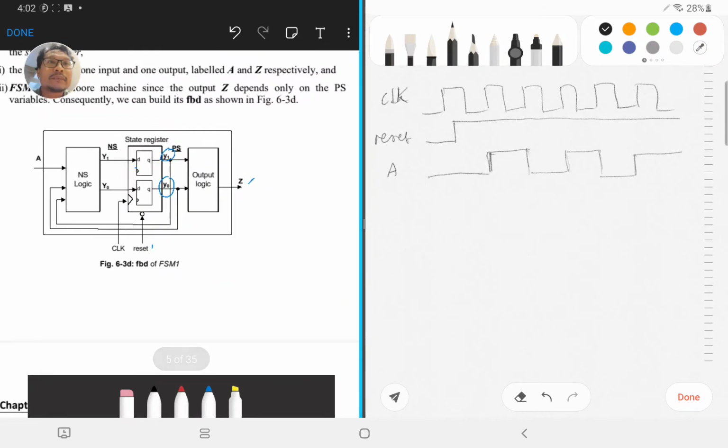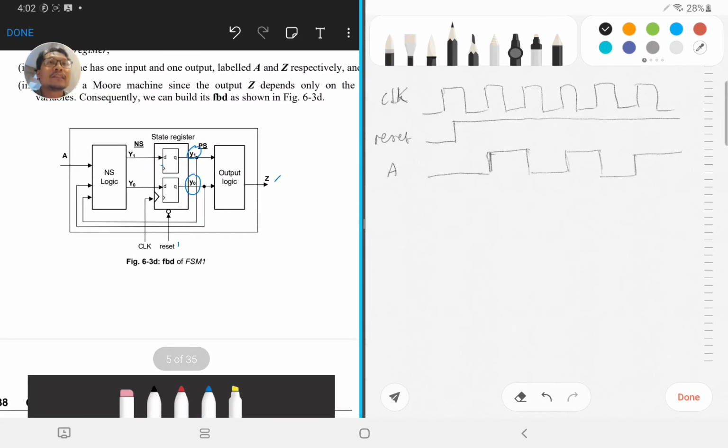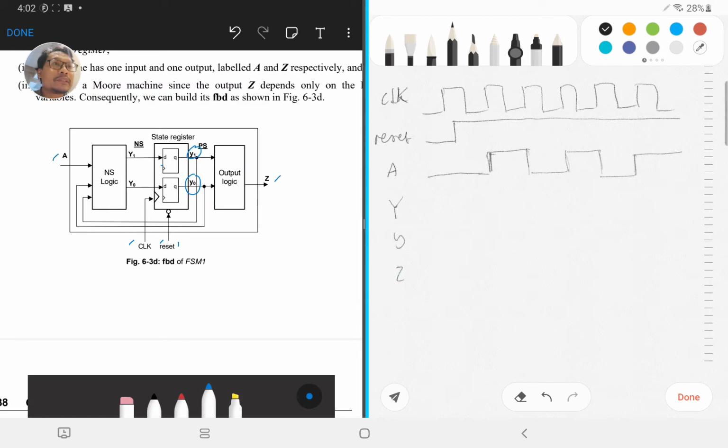Let's look at our block diagram and our code. You can see the inputs are clock, reset, and A, and we want to see what actually happens to our big Y, our small y, and our output Z. Notice that this is combinational, y is sequential, and here is also combinational. Combinational means that the output does not depend on the clock and reset.